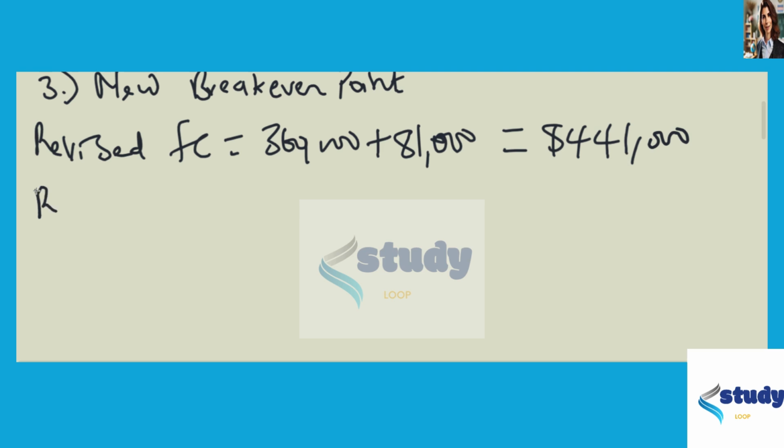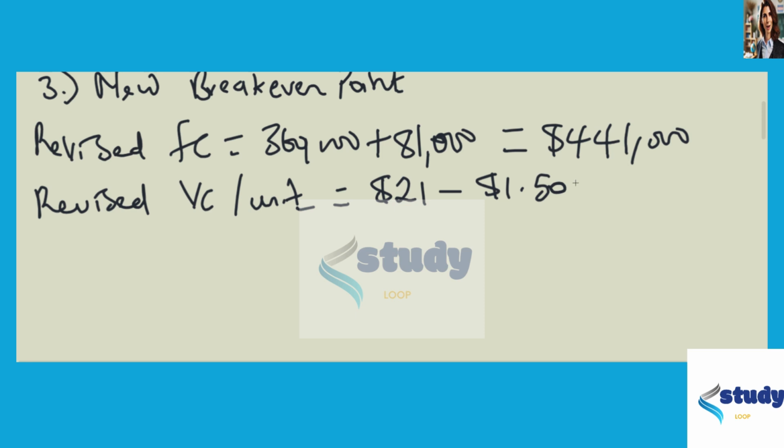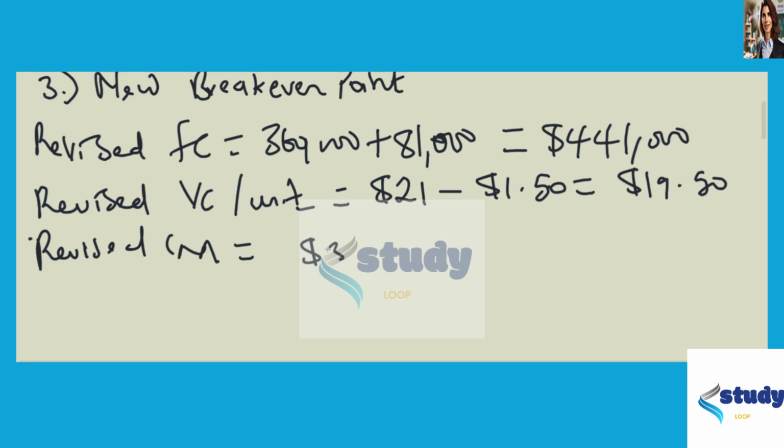And then the revised variable cost per unit will be $21, which it was before, minus 1.50, and this gives you $19.50. Now the revised contribution margin will be equal to $30 that it was, minus 19.50, right, from here, and this will give you $10.50.